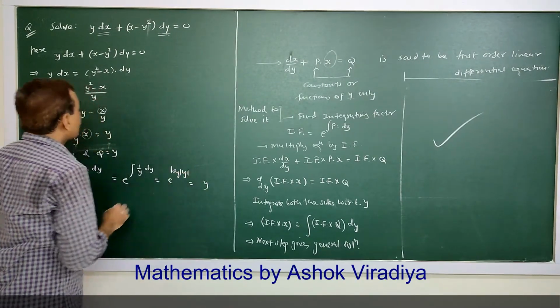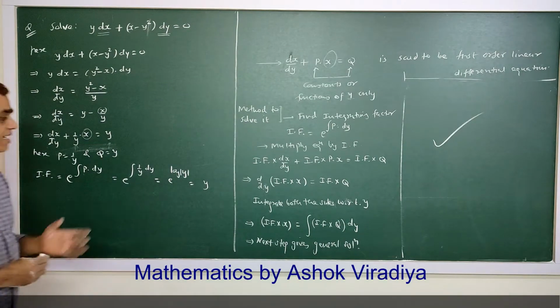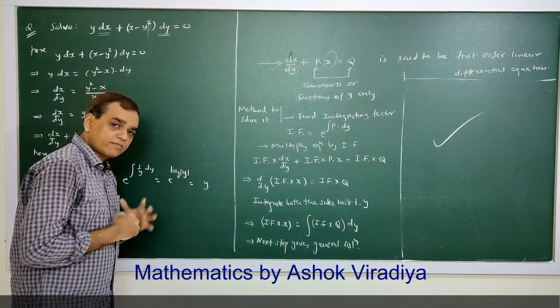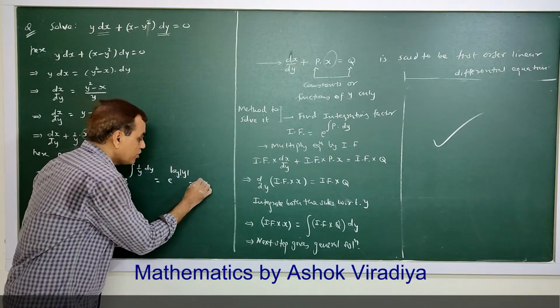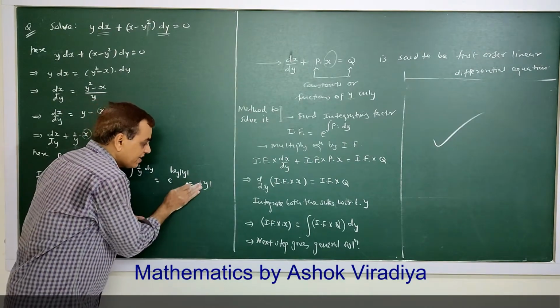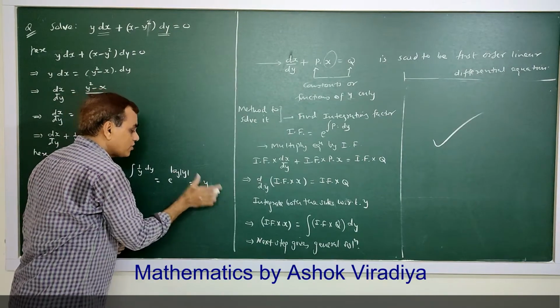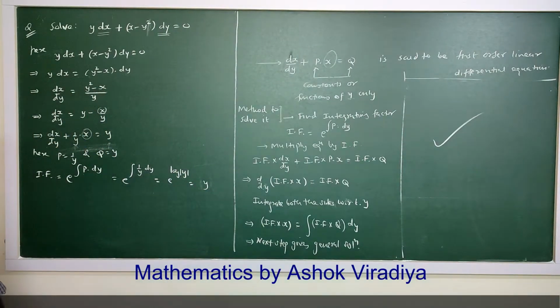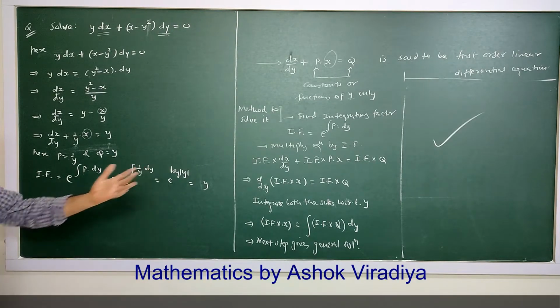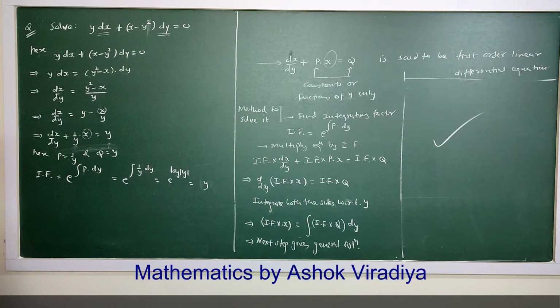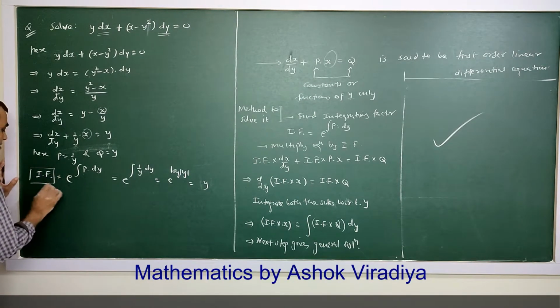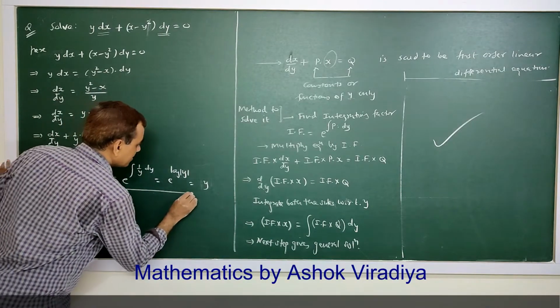We keep here log of modulus y. And as I told, we neglect the modulus. E raised to log modulus y is modulus y, and modulus y we take as y. If no condition is given, consider it positive, because in these methods there is a role of the arbitrary constant. That's why we neglect the modulus. So this is the integrating factor. So the integrating factor is y.